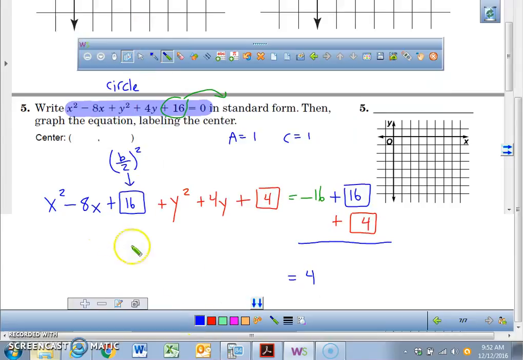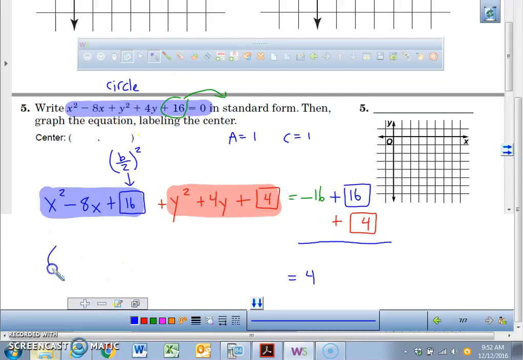At this point, you guys need to know how to factor this and how to factor this. And these are very easily factored. All you have to understand when you complete the square is that it's going to be x and then half whatever this number is. What's half of a negative 8?